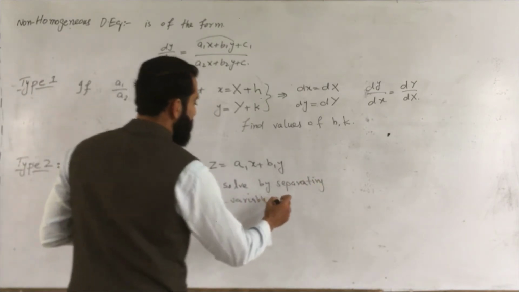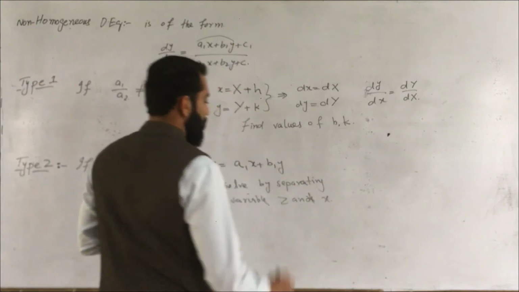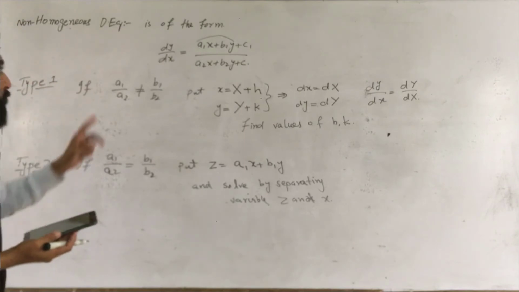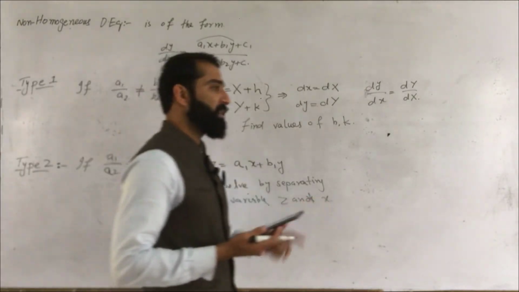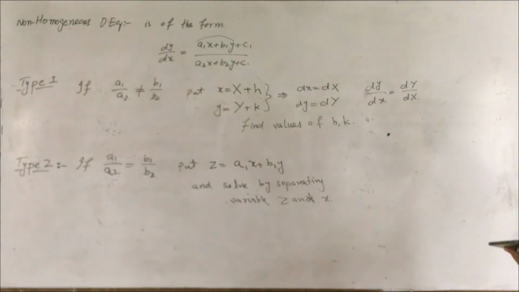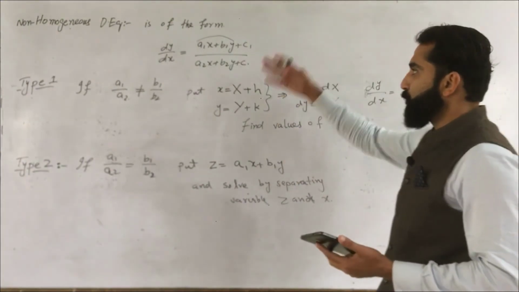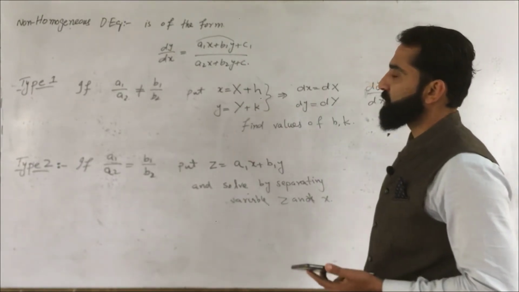Which variables? z and x. The equation will convert to two variables, z and x, in which z is the dependent variable and x is the independent variable. So we can solve easily by the separating variables method. So these are the two types of non-homogeneous differential equation.